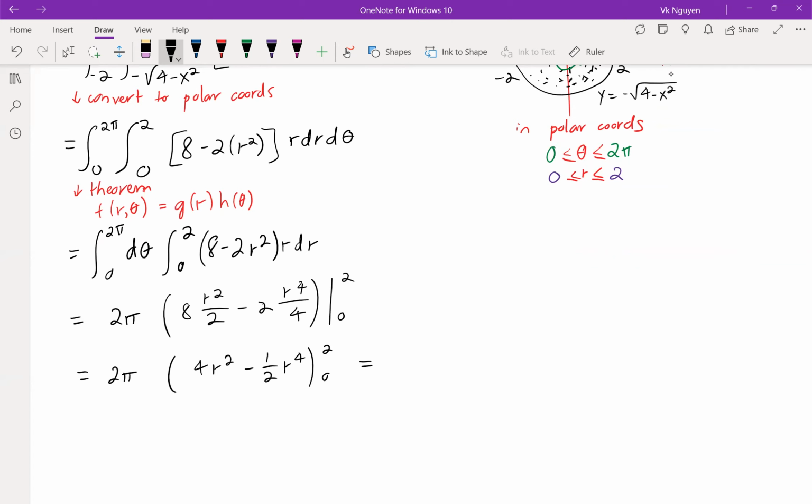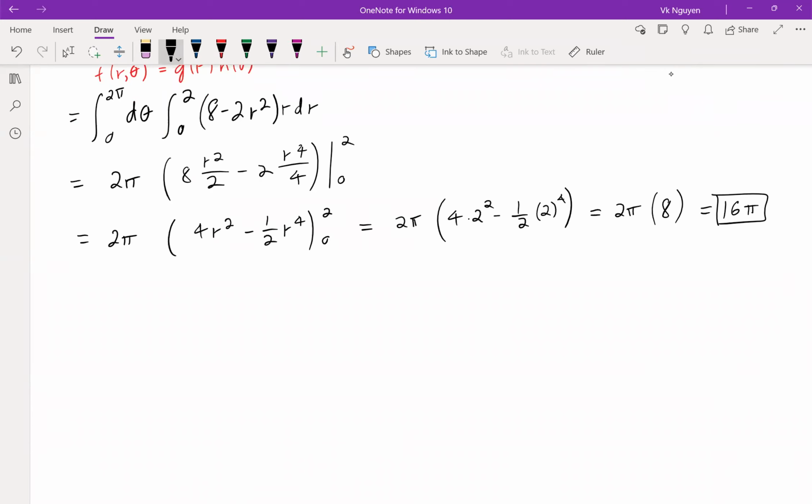So, 2 pi, 4 times 2 squared minus the half times 2 to the 4th. 2 pi, and what do we have in here now? 16 minus 8, so that would be 8. 16 pi.